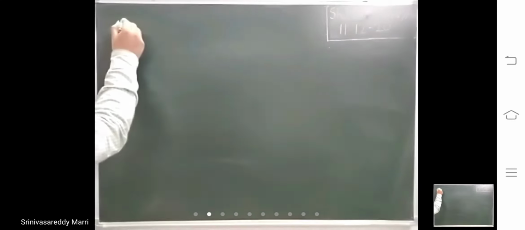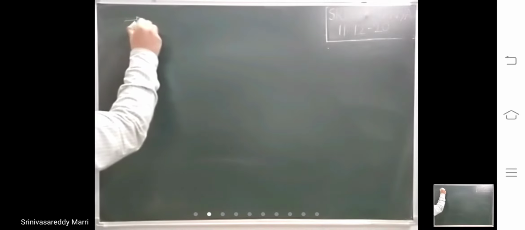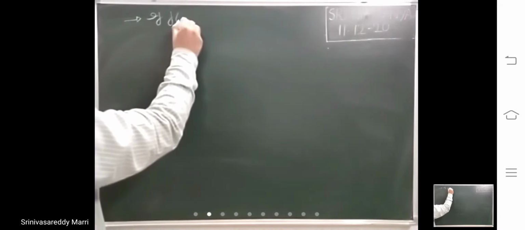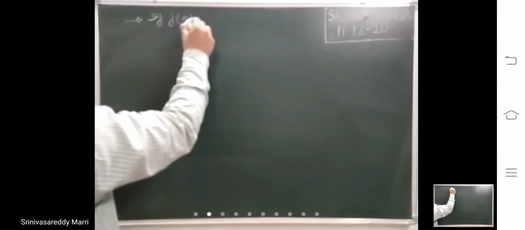In the previous class, we were discussing the derivative of one function with respect to another function. See one model on it before going to the next concept. Still, we are discussing the problem.